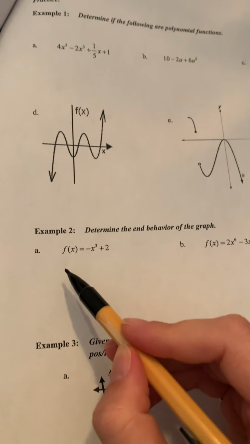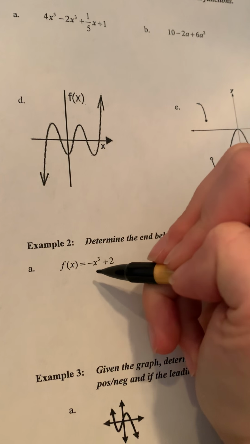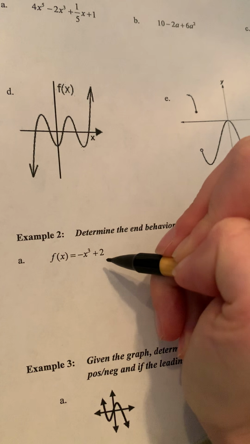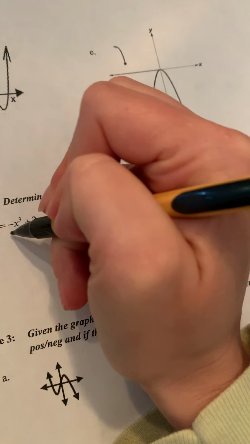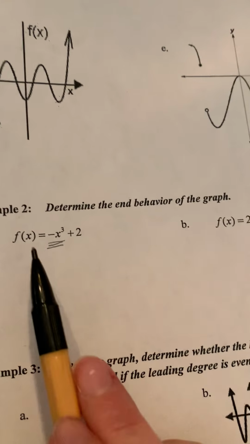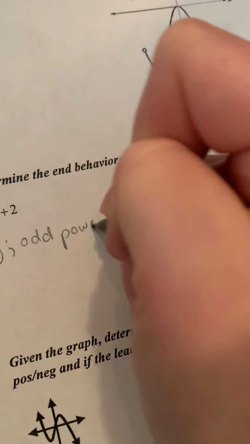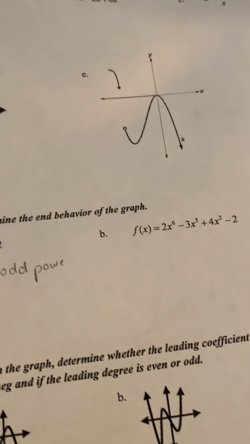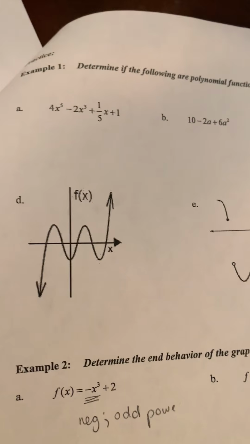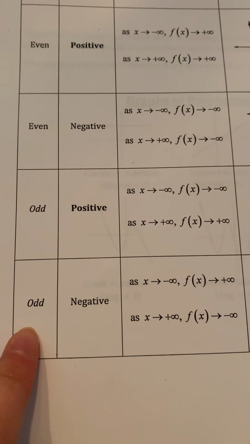I'm going to jump to example 2, where it says determine the end behavior. Let's look at our leading coefficient. Are we in standard form? Yes. So my leading term is this one. Tell me about it. It is negative and it is an odd power. So what that means is you can reference your chart again, and we want a negative odd. Here is a negative and odd.